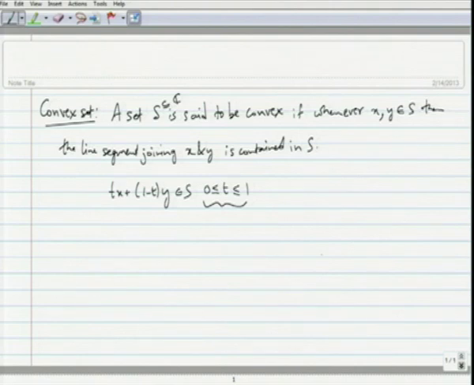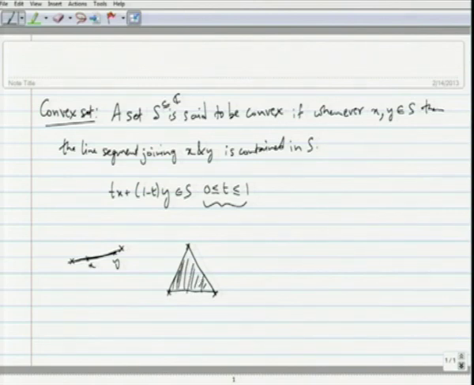So, for example, convex sets could look like this. A line segment itself is convex, because if you take any two points x and y on the line segment, the line segment joining them is contained within this line segment. Likewise, if you take a triangular piece like that, and the inside of this along with the boundary, that is a convex set.